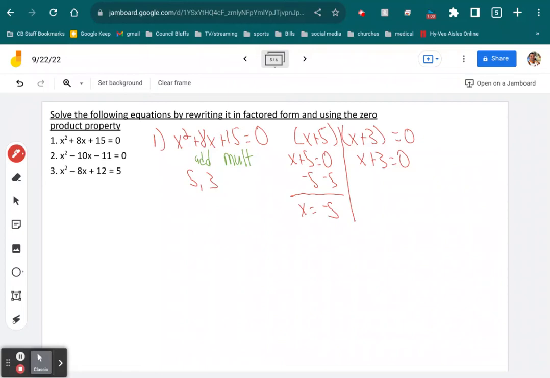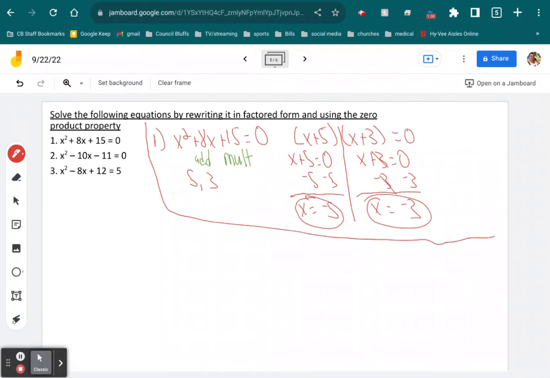And then for the second factor, I'm going to subtract 3 from both sides, and I'm going to end up with x equals 0 minus 3. So this equation, number 1, has two solutions, x equals negative 5 and x equals negative 3. Okay, so that is number 1.